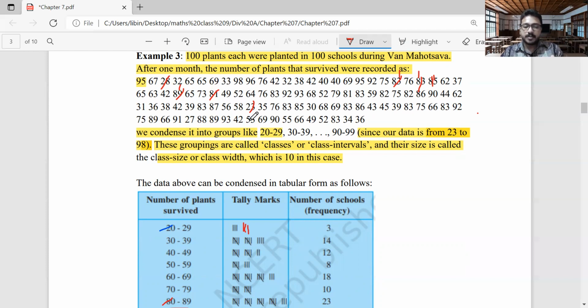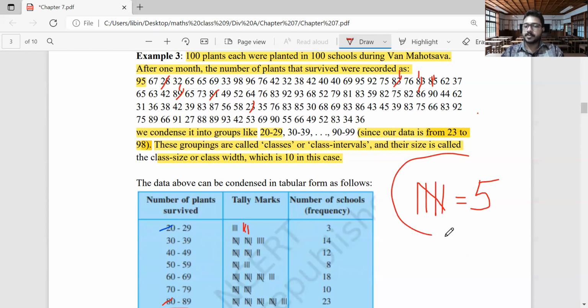Since there are 4 markings, if one more number is coming or repeating, you have to cut this. So it means it is equal to 5.